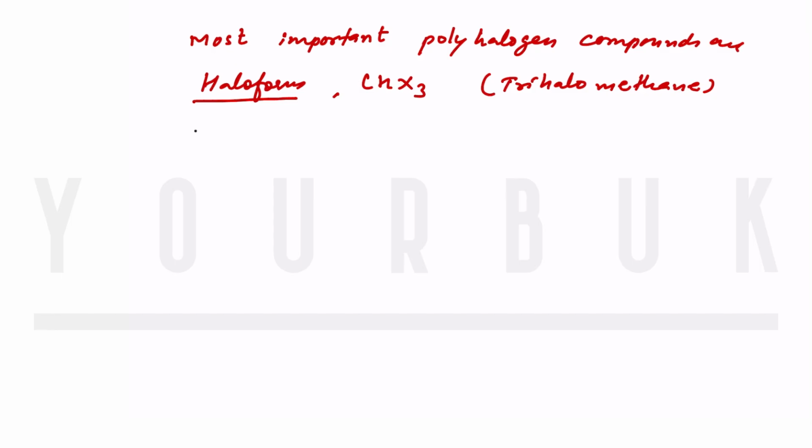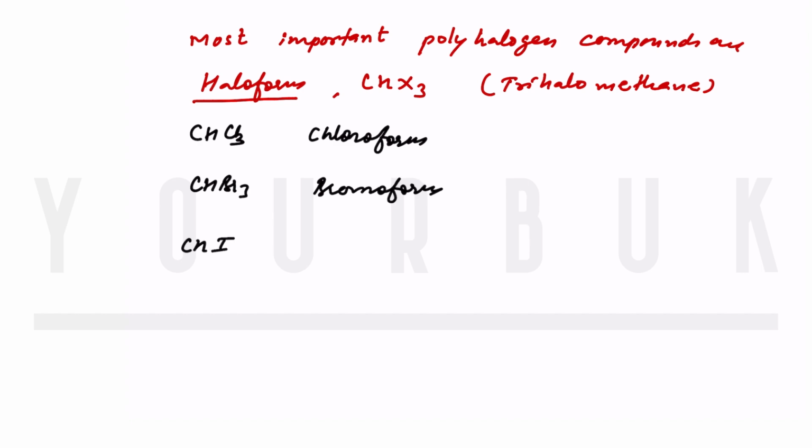For example, this is called chloroform, this is called bromoform, and this is called iodoform.